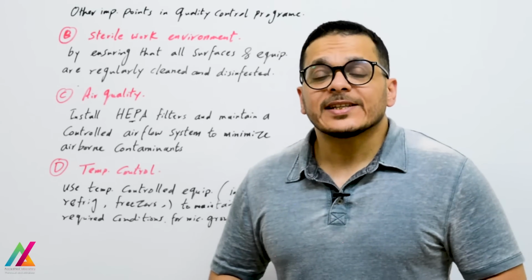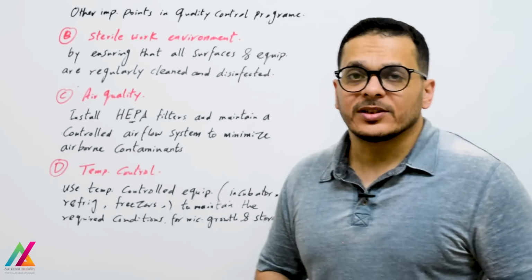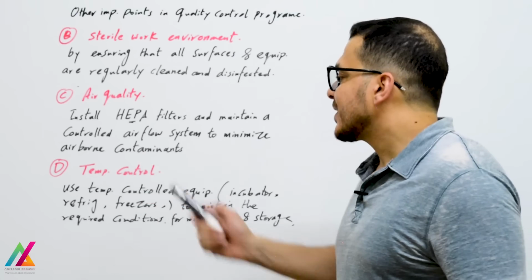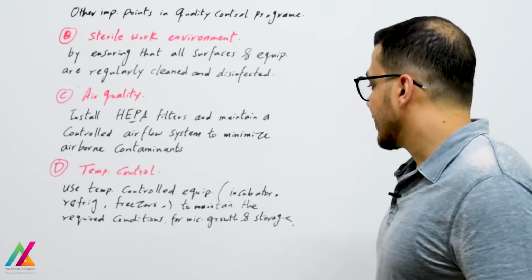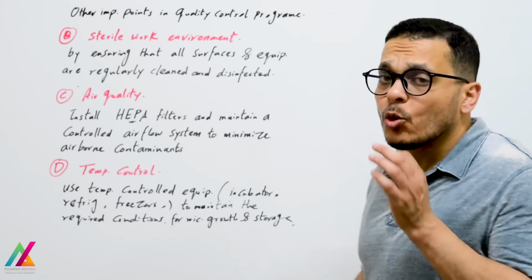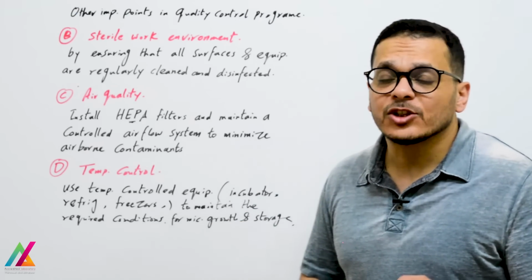All equipments inside the lab shall be controlled with data loggers to monitor the temperature. So use temperature controlled equipments, incubator, refrigerator or freezer or others, to maintain the required conditions for microbial growth and storage.